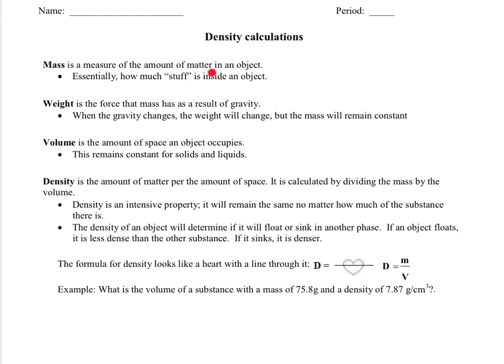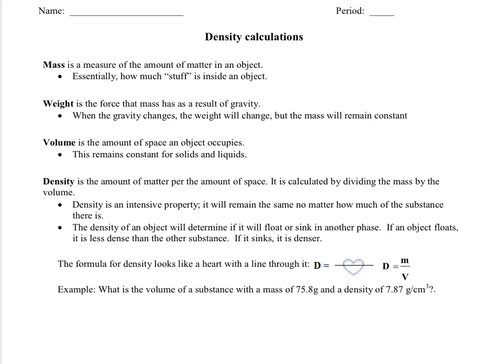Mass is a measure of the amount of matter in an object. So it's essentially how much stuff is inside the object. So that should never change. Weight, however, is the force that mass exerts as a result of gravity. When gravity changes, the weight will change, but the mass will remain the same.